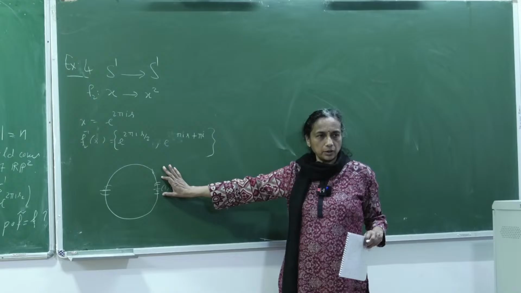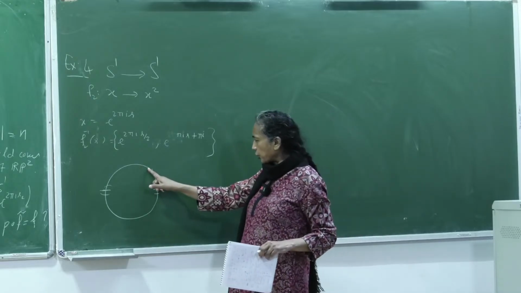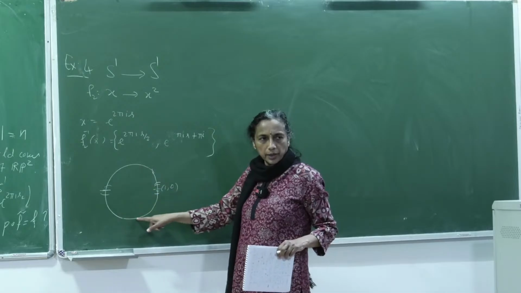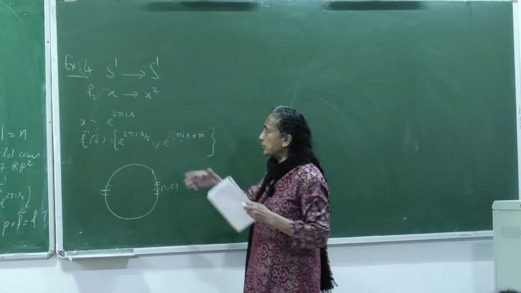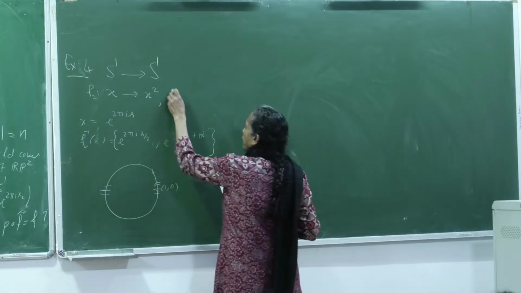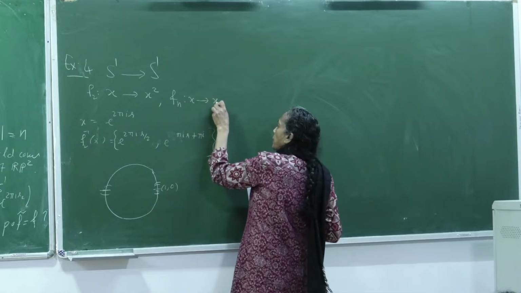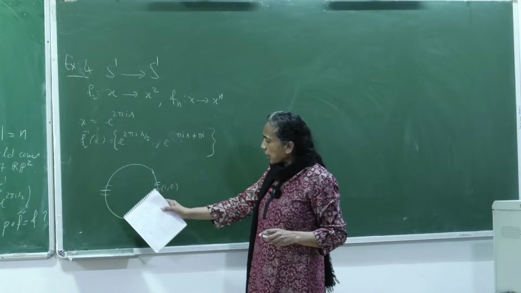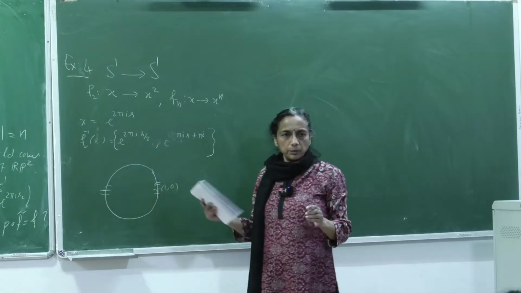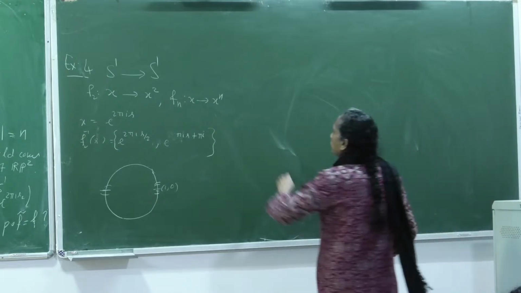It's true for every point because it's a divisible group. Not just that, you can also have an n-fold cover, Fn, x going to x to the power n. Then there would be n-th roots of unity, and a small enough neighborhood will go there.